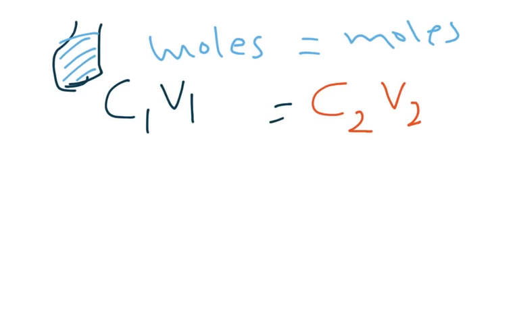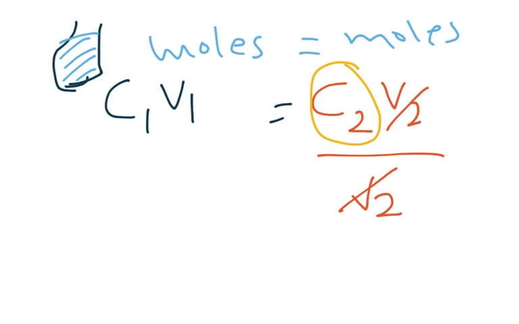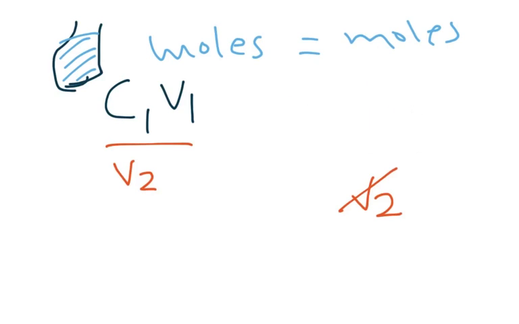Now, what we want to find out is the concentration in the initial volume. So we want to find this value, the C2. We only divide by V2 and get this. Now, V2, V1 seems a lot to understand, but this is basically what happens.